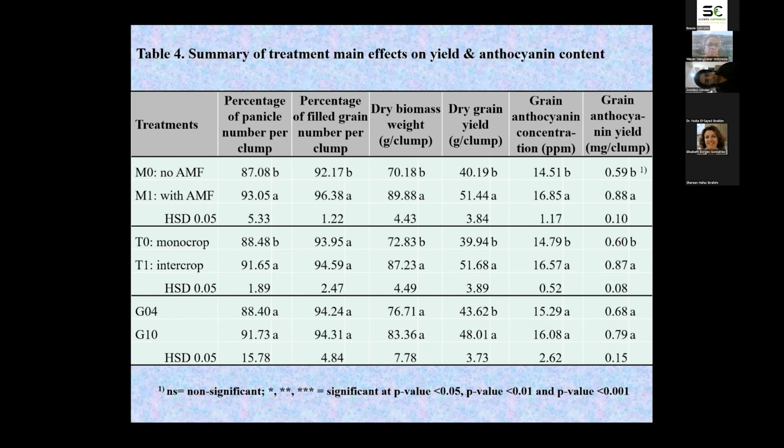Between double rows, it also increases grain yield, also anthocyanin content in the grain.